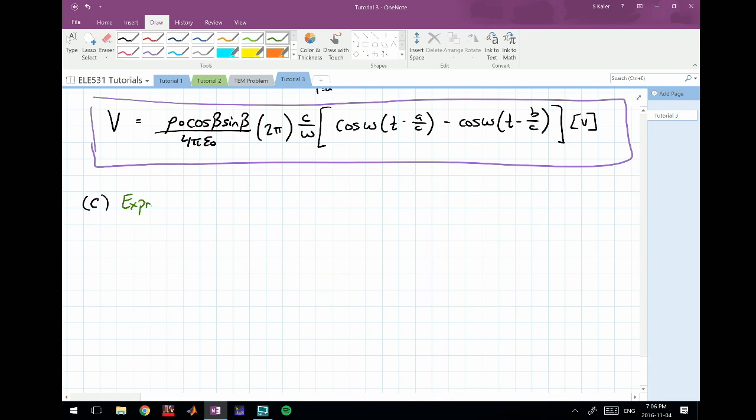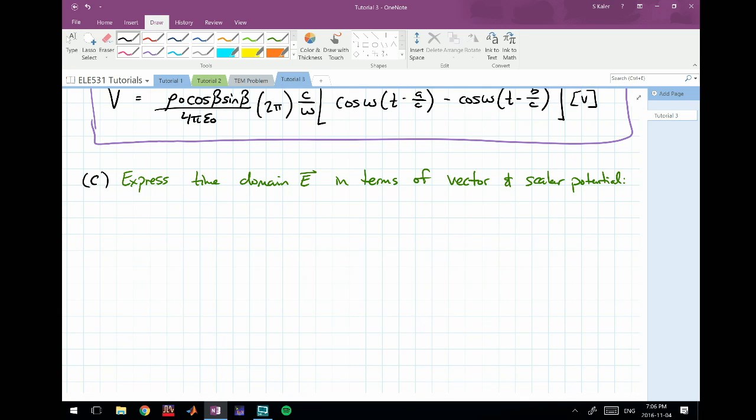Express time domain E in terms of vector and scalar potential. Remember that derivation we did in the first question, where we said E equals minus gradient V minus j omega A. Essentially we just write the time version of that, because that's what it's asking us to do.